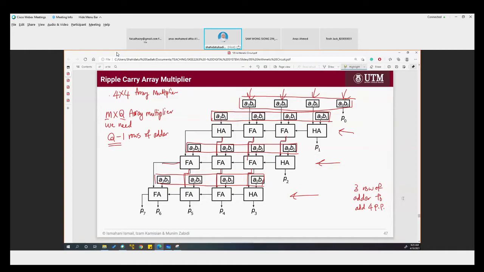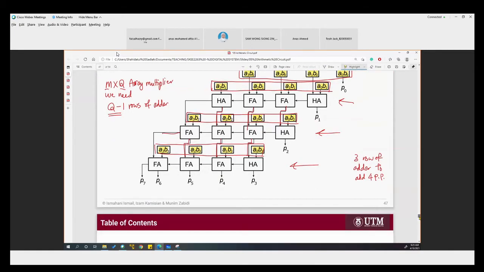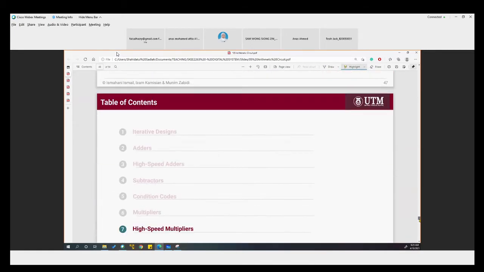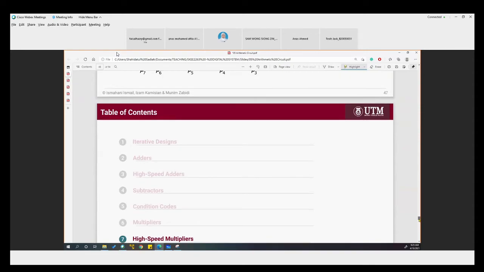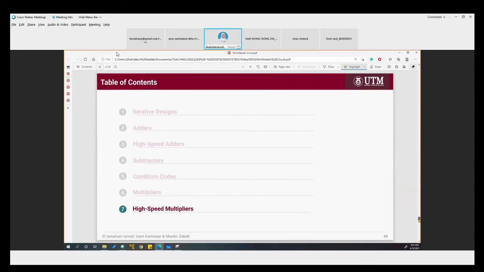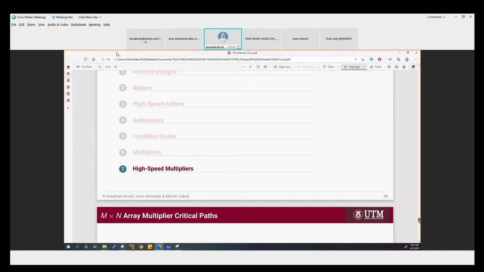We have simplified the AND gates here, but all these boxes are the results of AND gates. We need AND gates and then we need adder. So that's the basic multiplier using the ripple carry adder.